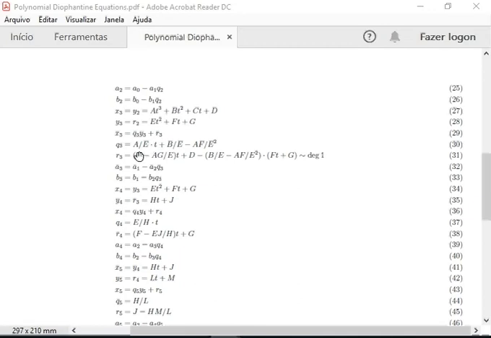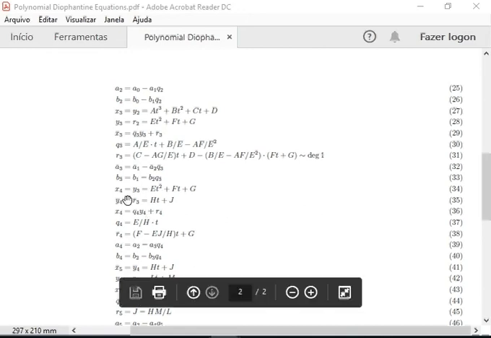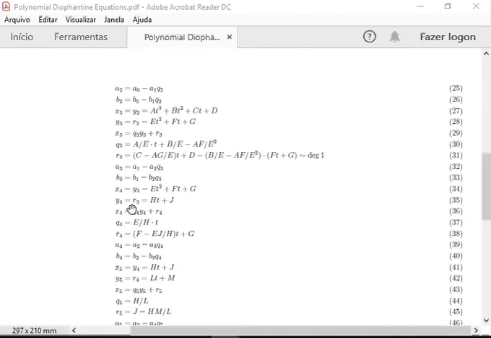Divide A by E times t plus the remainder B over E minus AF over E2 is the quotient q3. Who is r3? Do the calculations and you'll have a polynomial of degree 1. Who is a3? a1 minus a2 times q3. Who is b3? It is b1 minus b2 times q3. Who is x4? It is y3. Who is y4? It is r3.